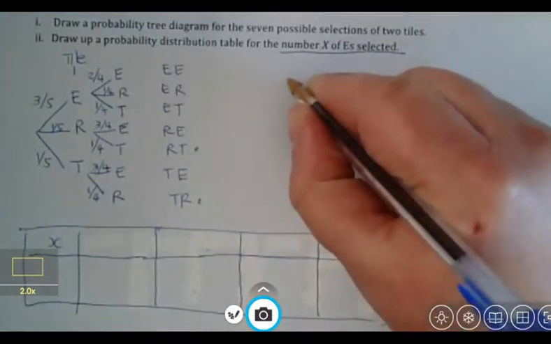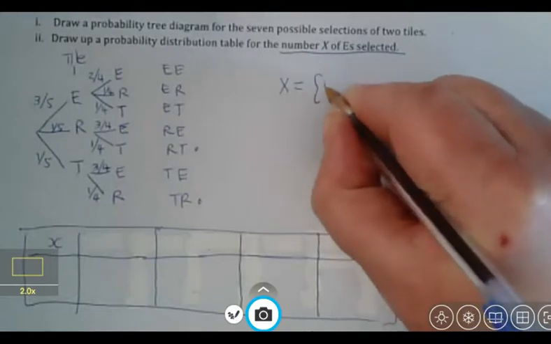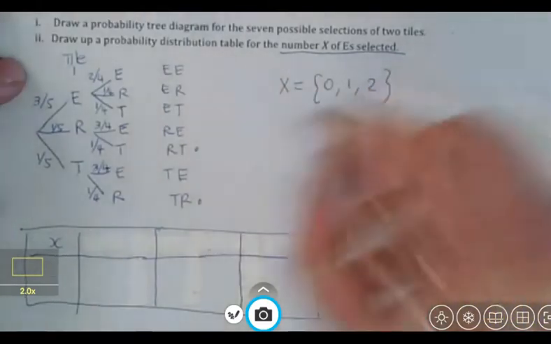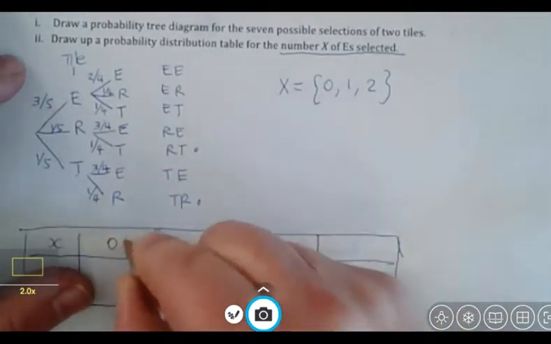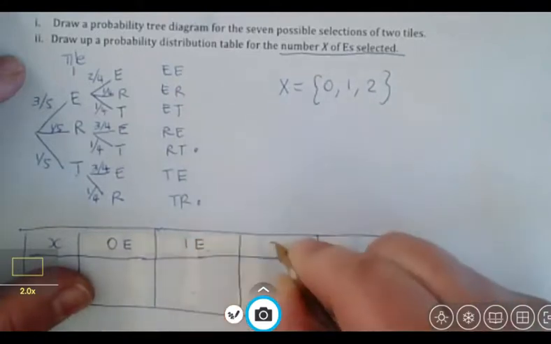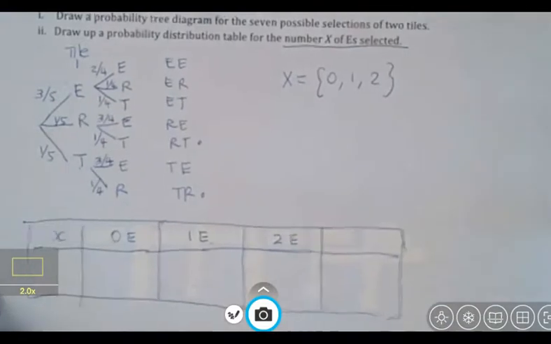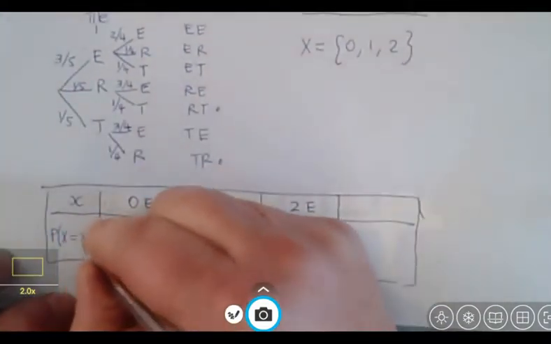So our sample space is the number of E's selected, so you could have 0 E's, 1 E, or 2 E's. Okay, now, all right, so the probability that X equals little x.